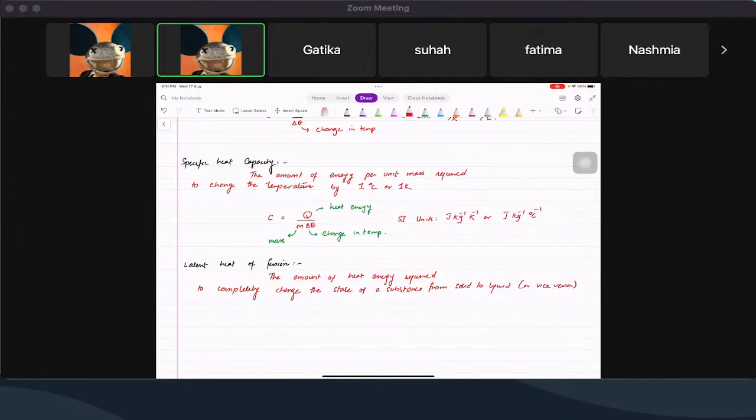Okay, it could also be from liquid to solid. But the important thing is that you should remember that without any change in temperature.